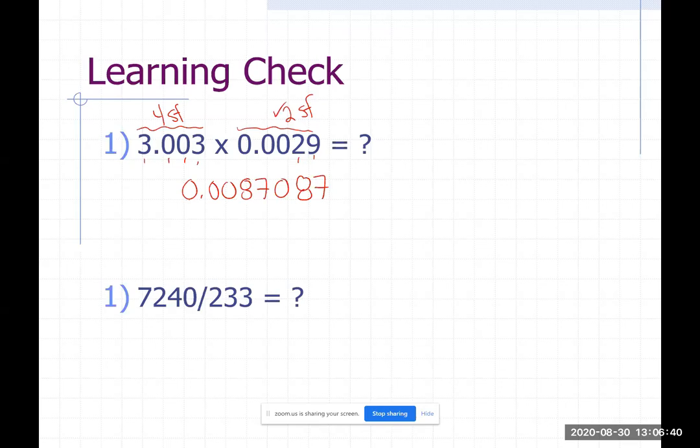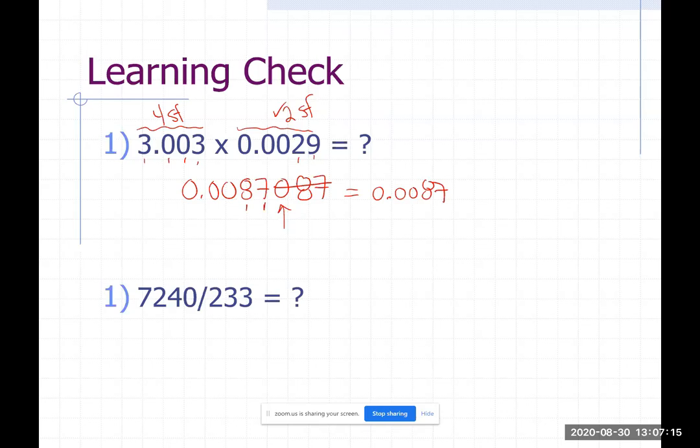These leading zeros never count, but the 8 counts and the 7 counts. Since we're going to round to 2 sig figs, we look at the next value and ask ourselves: is it 4 or less? Is it 5 or greater? Turns out 0 is 4 or less, so we just drop all of these numbers, and our answer is 0.0087, which has 2 significant figures.